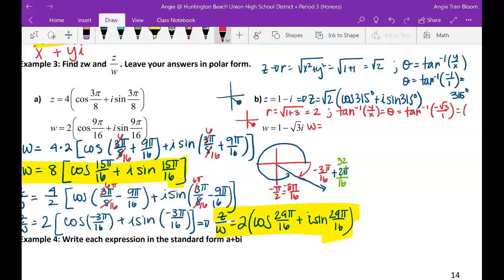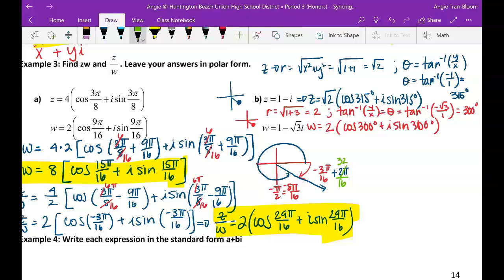So we're going to go the other way around. -60 is equivalent to 300 degrees in the positive rotation. So w equals 2 cosine of 300 degrees plus i sine of 300 degrees. So that's just what z and w converted to.